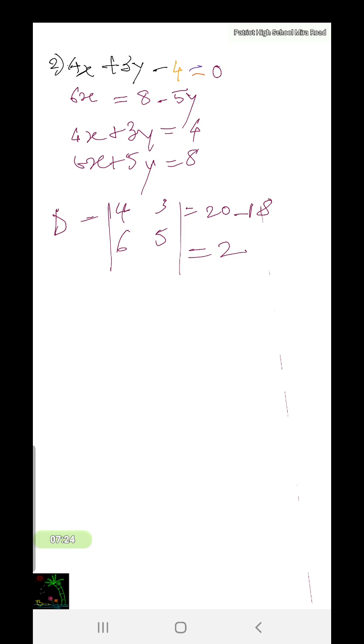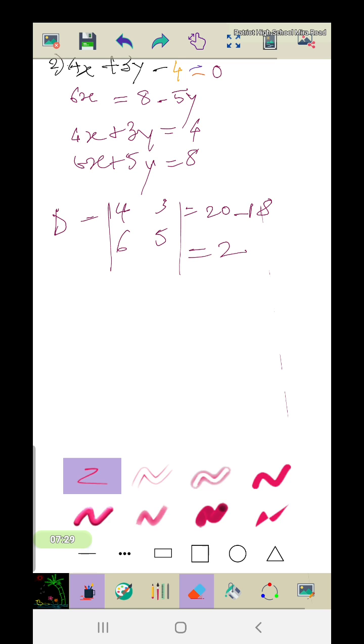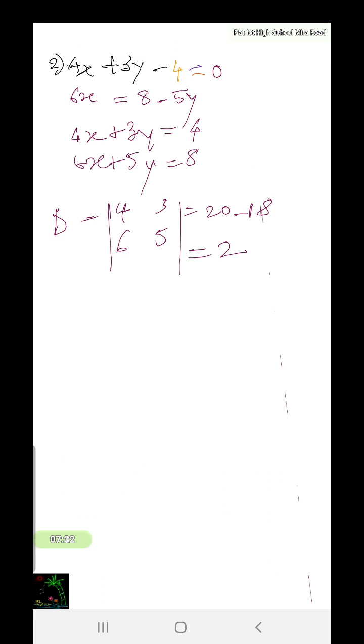Now finding the Dx column. So Dx will be the third column, which is 4 and 8, and the second column, which is 3 and 5.